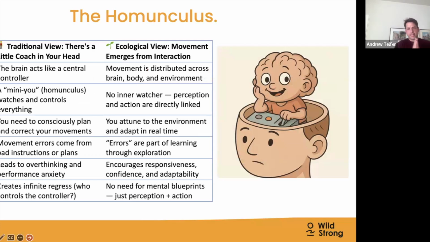So this idea of having a little person, a little coach that lives inside your head, it's called the homunculus problem. And the issue is that a lot of old models for how we learn to move assume that there is this little person inside of you who's pulling all these levers and telling you what to do. The issue is that this falls apart really, really quickly in the real world.